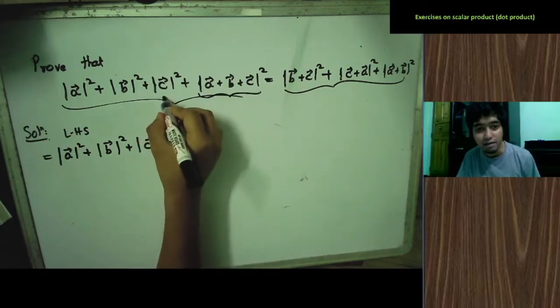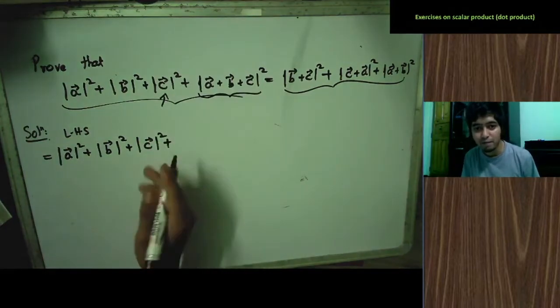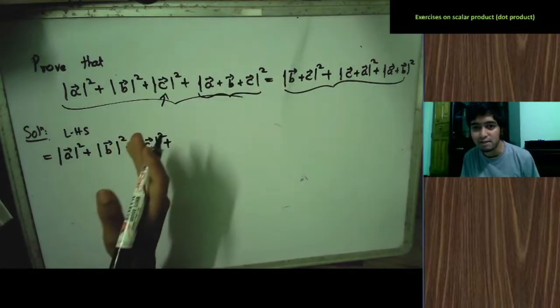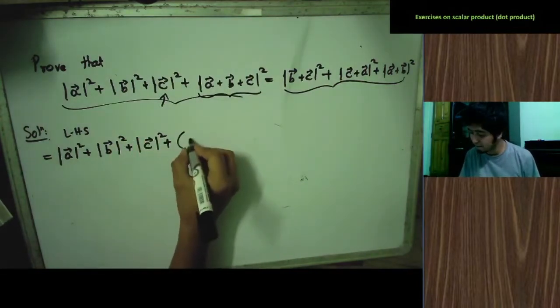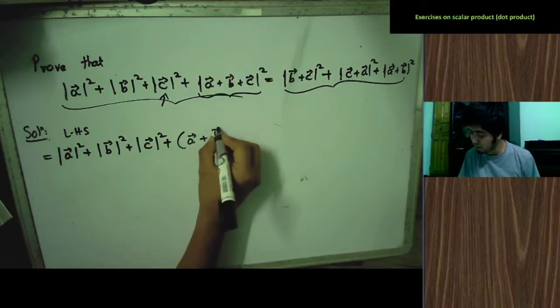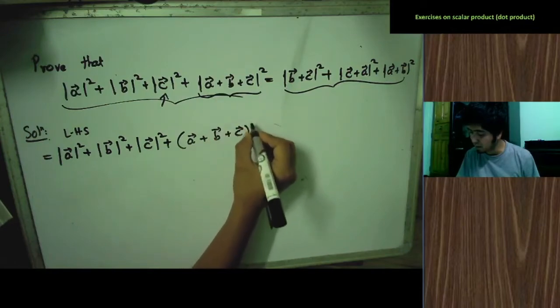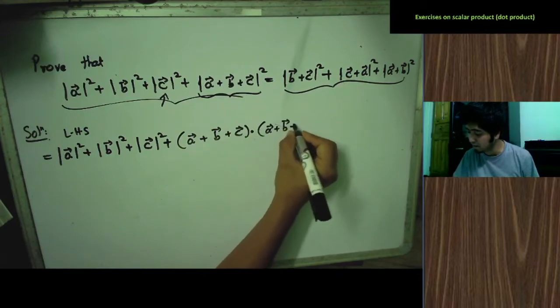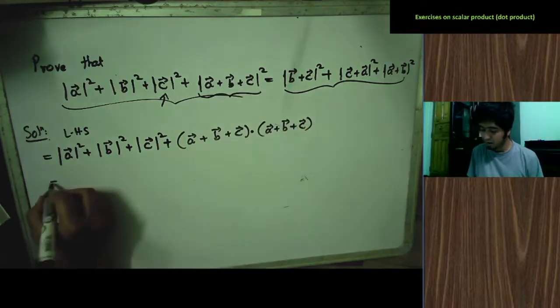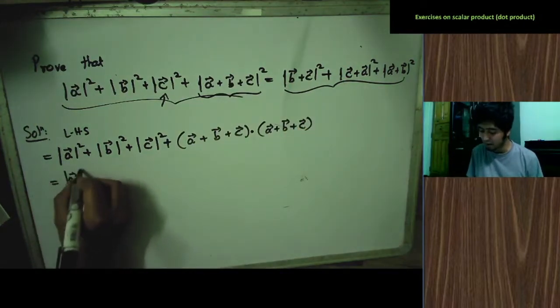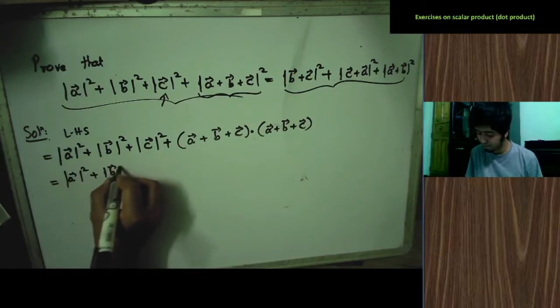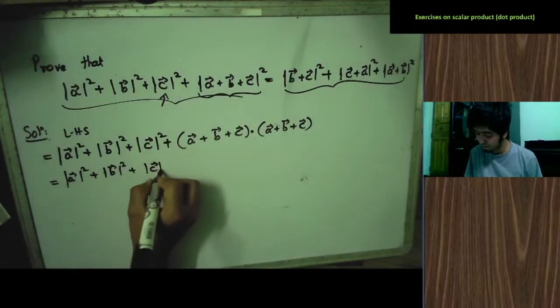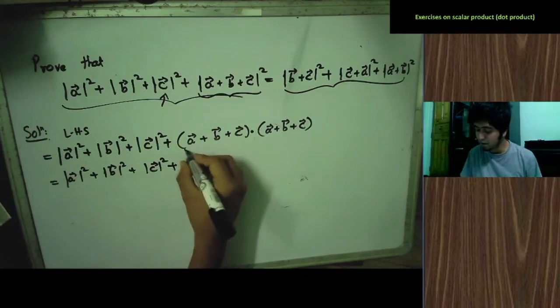In fact, we can even turn this one into a dot product. But let us just leave it as it is first. So you'll be having a plus b plus c dot a plus b plus c. This one will remain as it is. Now just expand this one.